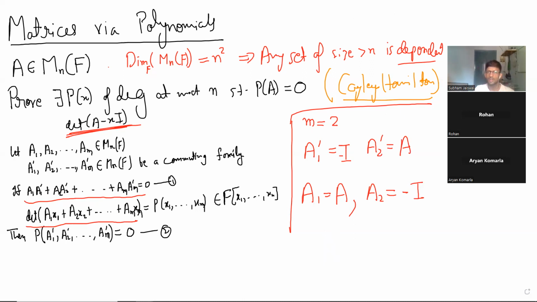Or maybe, I'm sorry, I think plus. You can see that equation 1 is satisfied, and they commute because the identity commutes with them.